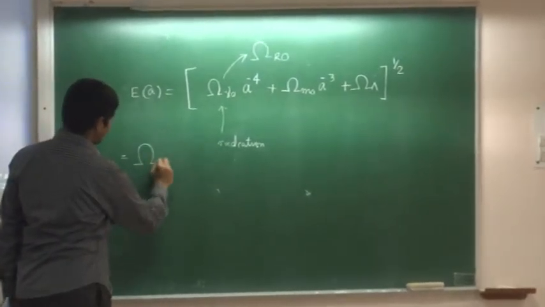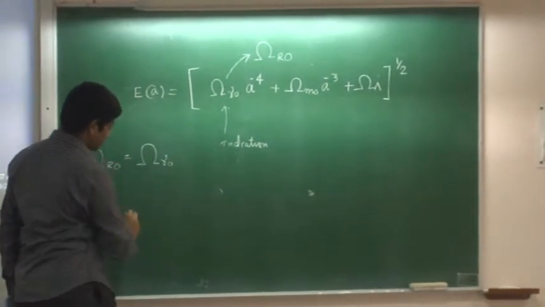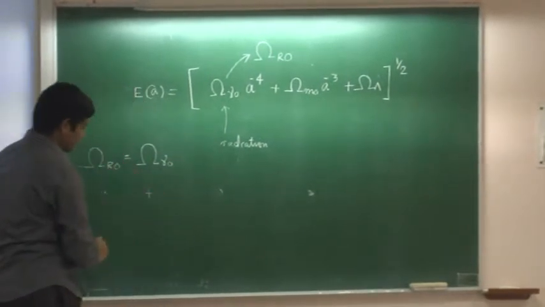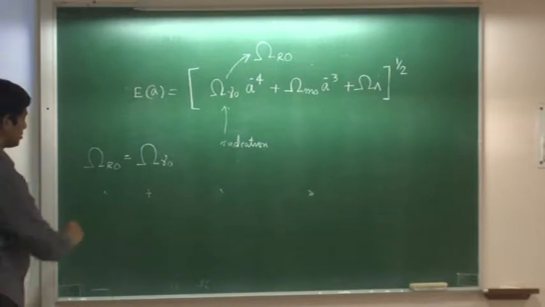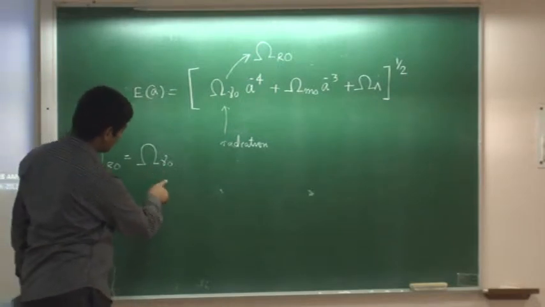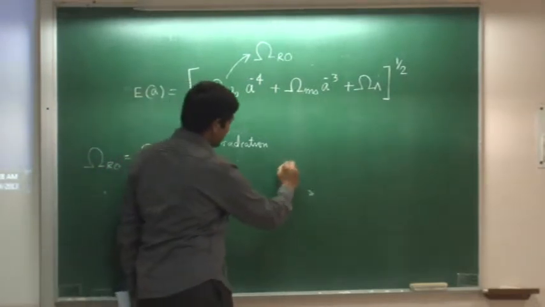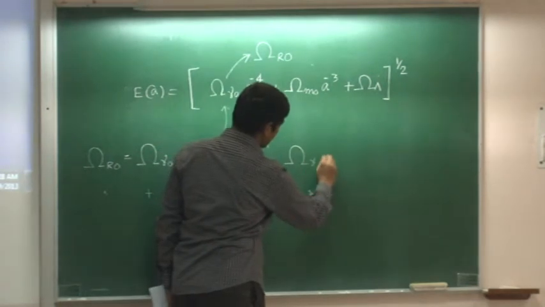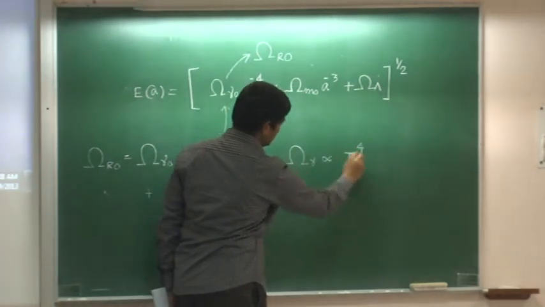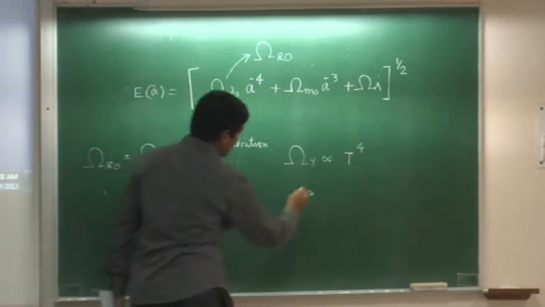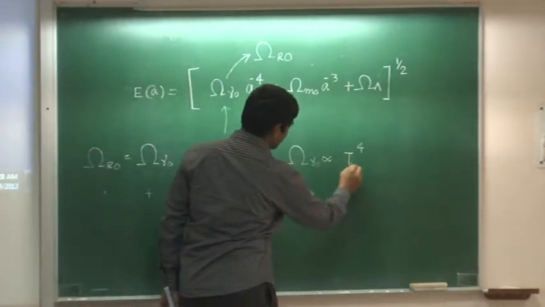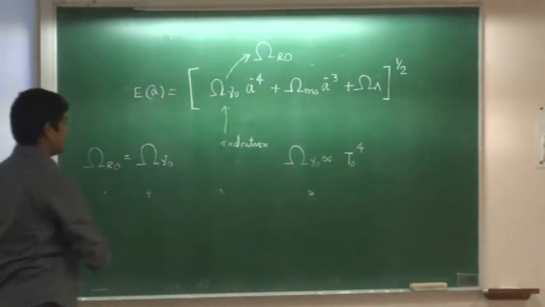So this will be photon plus neutrino. So remember when we calculated photon, omega gamma had a dependence on T to the 4th.